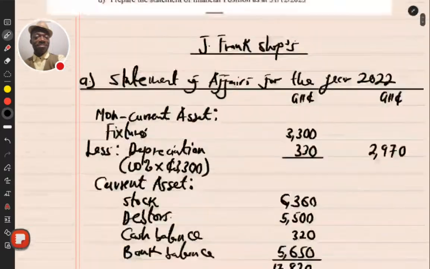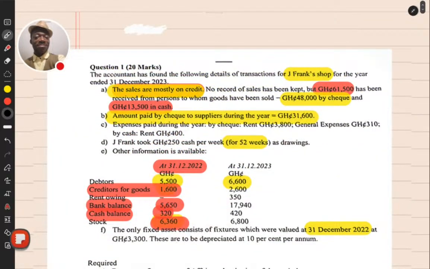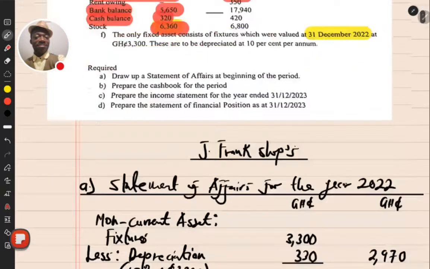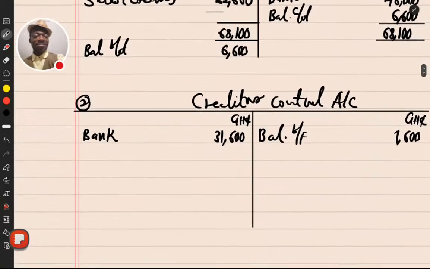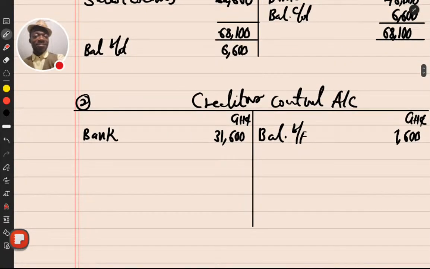Was that all the payment that we made to creditors for the year? I guess so. The next question we want to ask ourselves: was there any closing balance for the year? Yes, there was a closing balance of 2,600. So we present that also. Since creditors has a credit balance, we are supposed to have the carry down at the debit side.